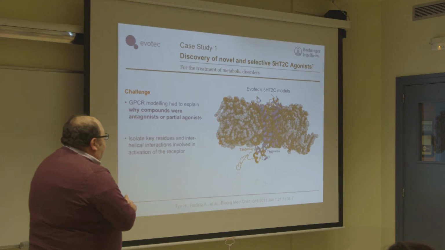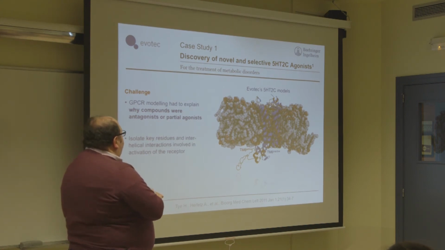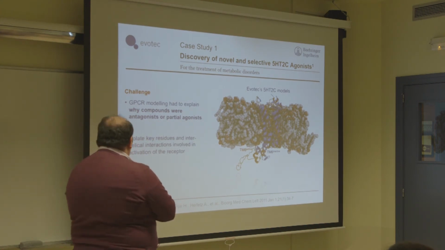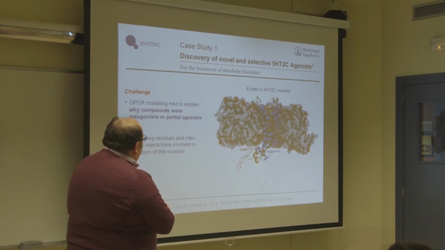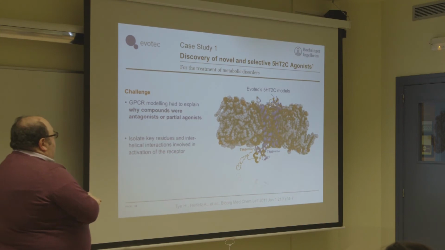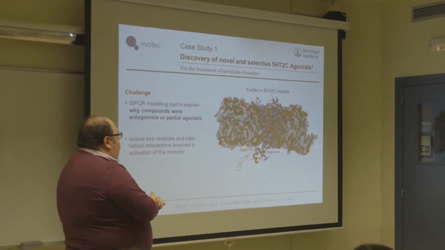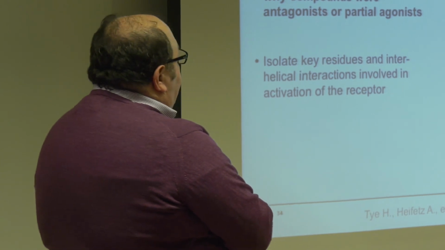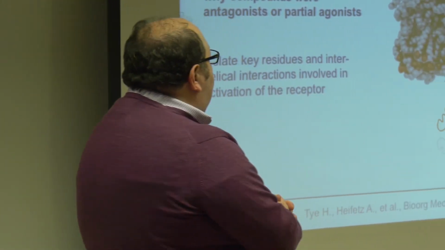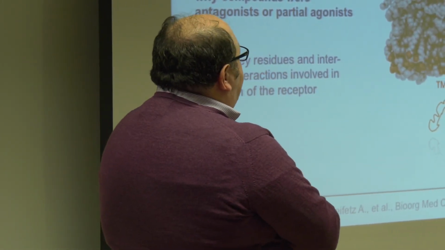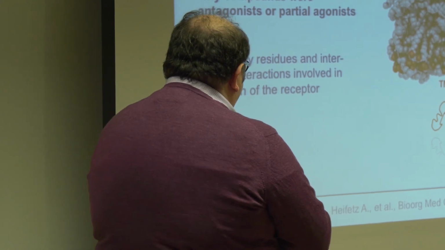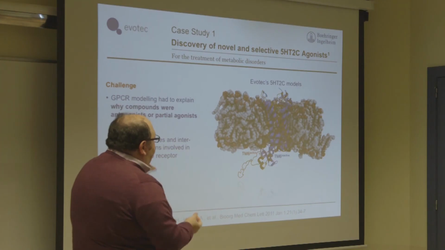I want to bring you examples here of a different case study for GPCRs: the project of finding a 5-HT2C agonist, a serotonin agonist. Serotonin receptors are in our brain and also in our body, and are targets for treatment of metabolic disorders. We ran HTS.